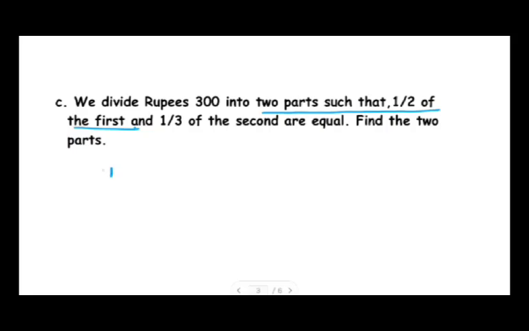So let the first number after division be x.